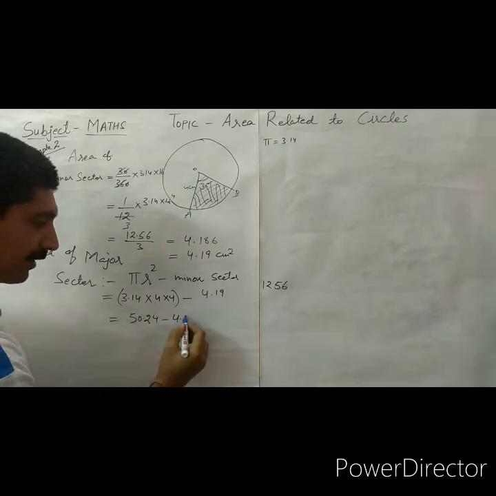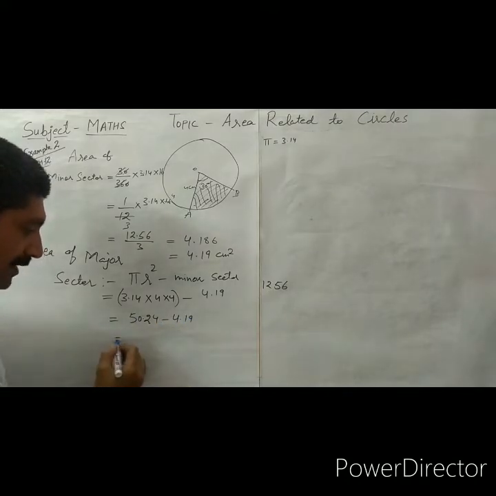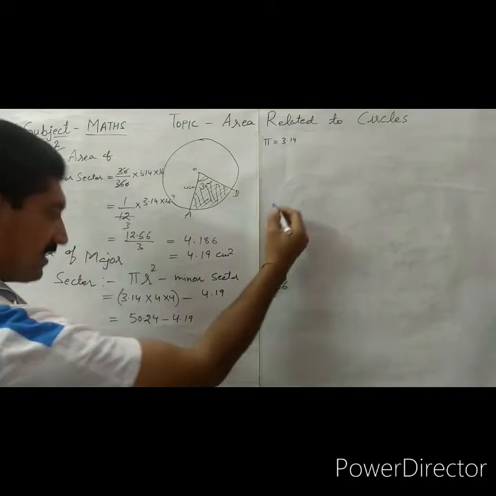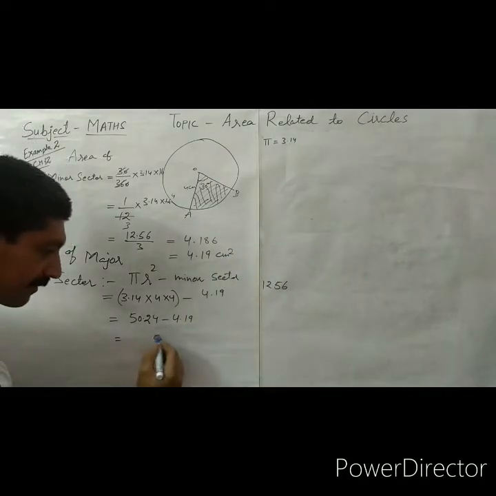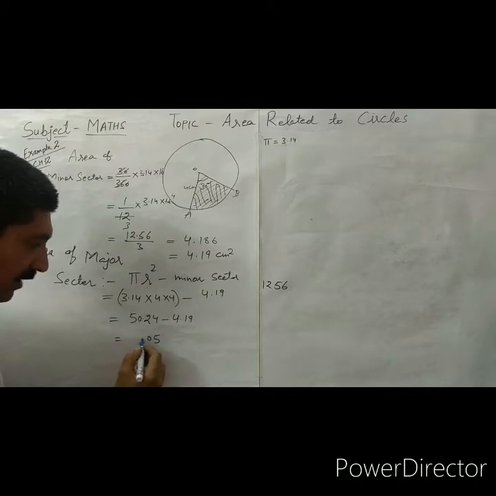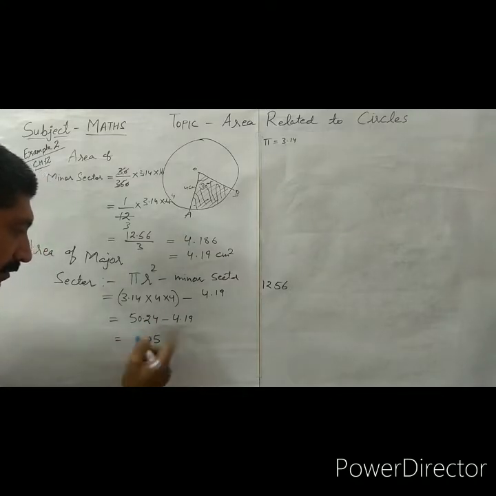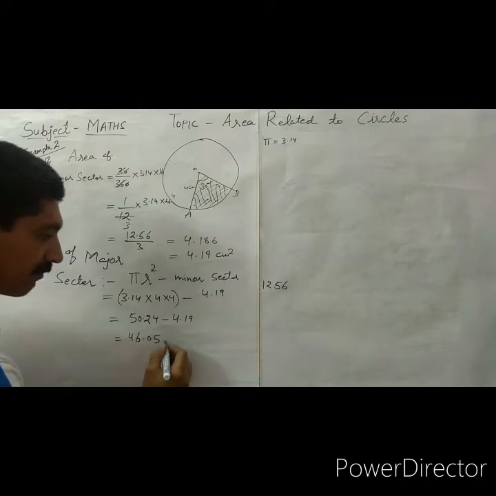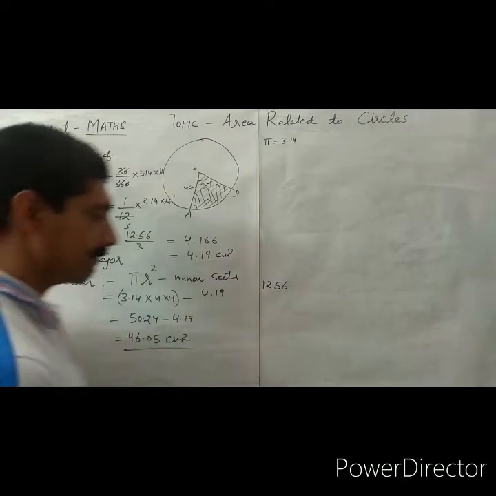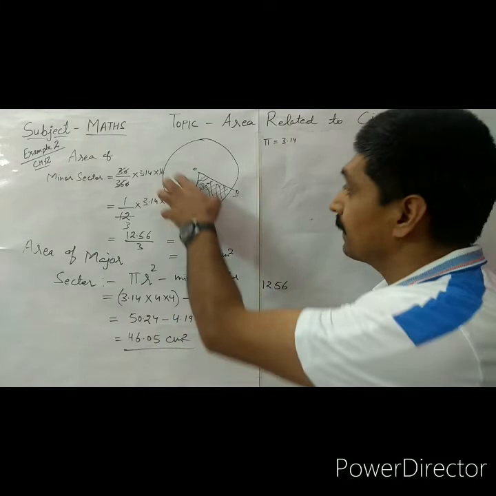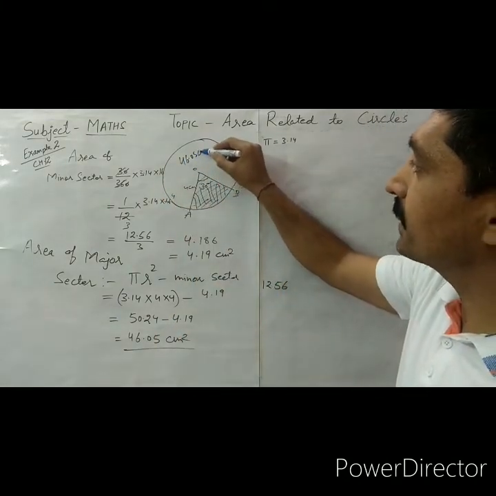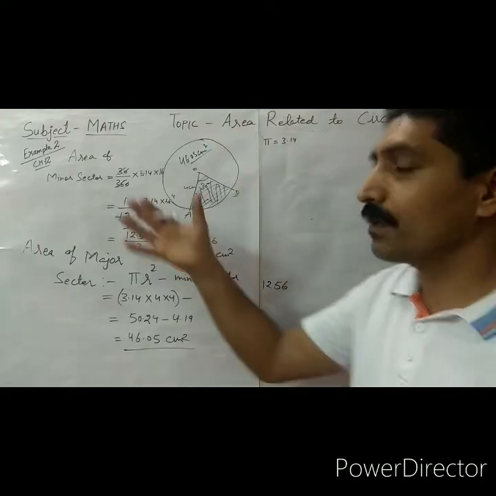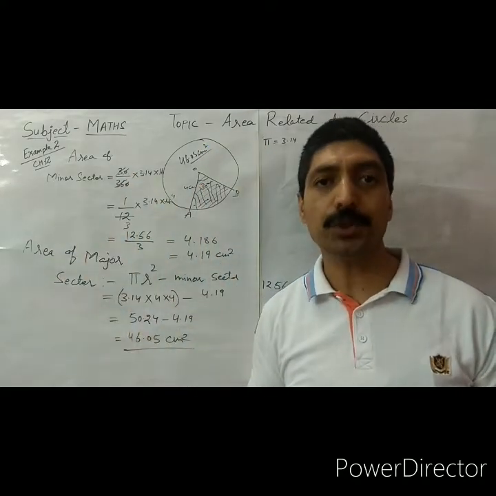Minus 4.19, when we subtract, our answer is 46.05 centimeter square. So the area of the major sector is 46.05 centimeter square. So this is all about example number 2.